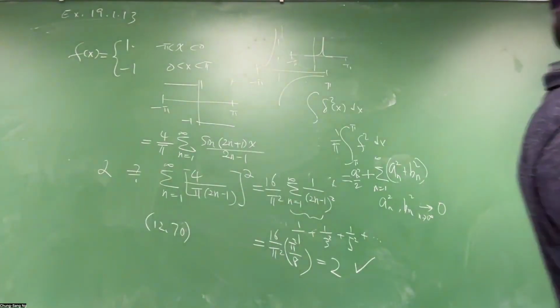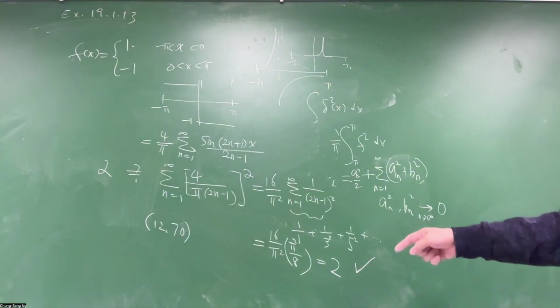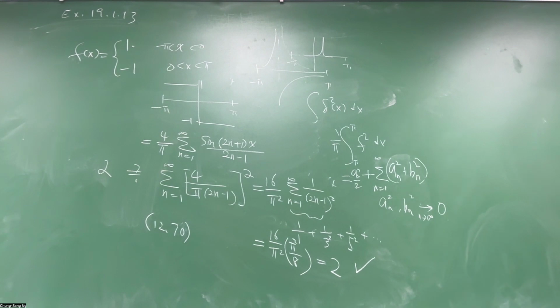I don't know whether there's an elementary method to do it. You can use the method in chapter 12, that section, to do the summation. They give you some technique to do this kind of summation, but it's not necessary for us. You can just look it up.